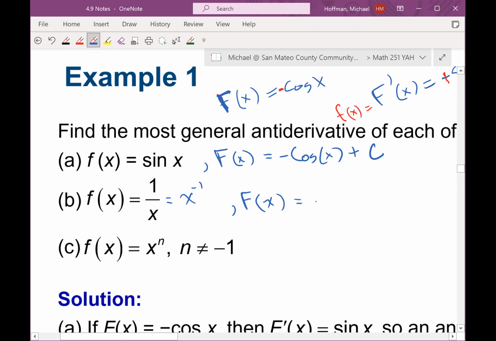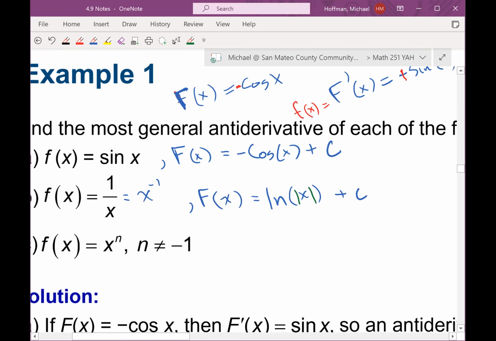Well, it turns out that that function is the natural log of x. And sometimes you can just remember it, okay? So I'm going to write down natural log of x plus c, but there's actually much more to it, which is that for any x value, you need to put absolute value signs around that. It's not defined at 0, but you can have negative x values and still get that antiderivative.